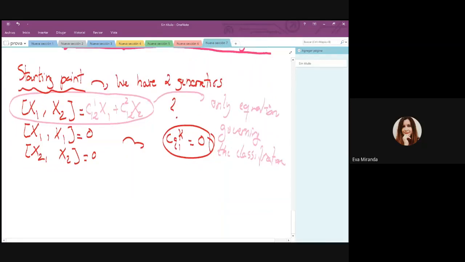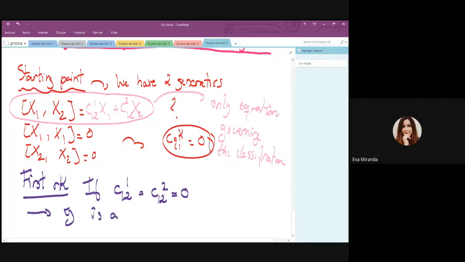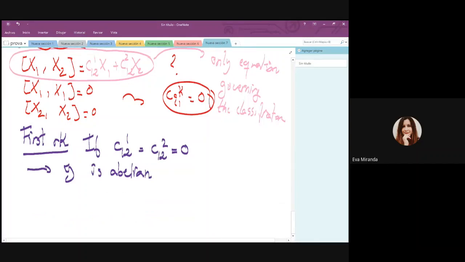So, first remark: the case in which both of them are 0, then the Lie algebra is abelian. Then there's nothing to look for; we already have that the Lie algebra is abelian, and that's all we have.